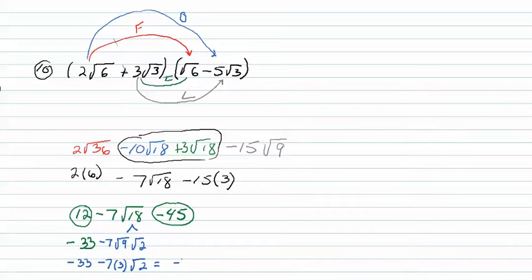Okay, I keep my negative 33, I say negative 7 times 3 is negative 21, and it's connected to radical 2. Okay, I don't have any more radical 2's, I have no more numbers, so right here is my answer. That's my answer for number 10. Okay, we have one more to go.